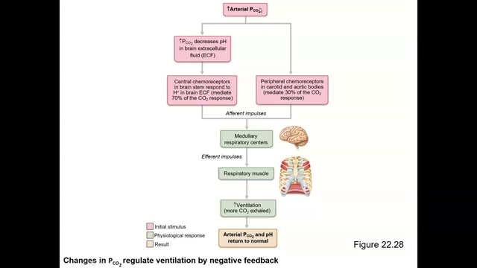If that goes up, that will decrease the pH in our cells, particularly in the brain, because CO2 will split into bicarbonate and lots of hydrogen ions. That gets measured in the brainstem and will cause a response in the respiratory center.